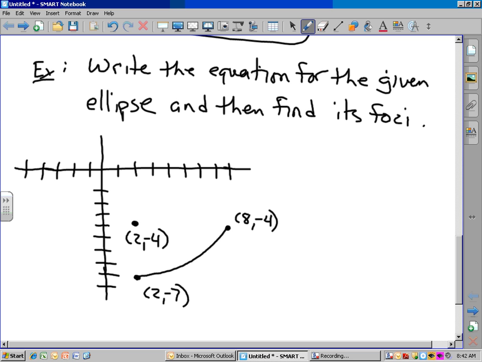So if we subtract 6 to the left, we'll have our other vertex. So I subtract 6 from the 2 or the -4? From the 2. 2 minus 6 is -4. So (-4, -4) is my other major or minor vertex? Major vertex. What's the other minor vertex?